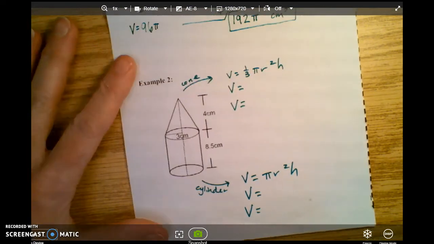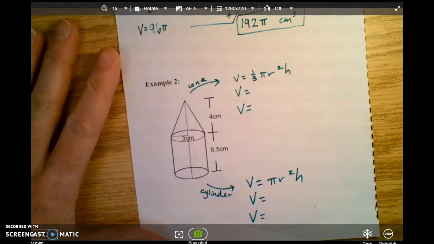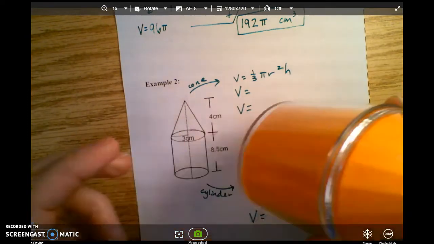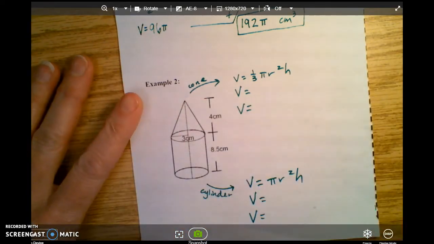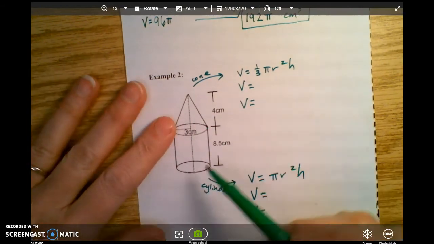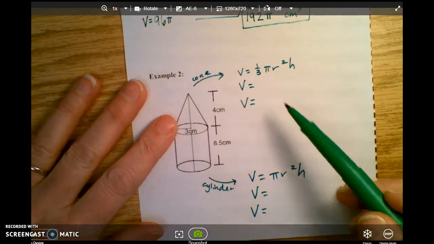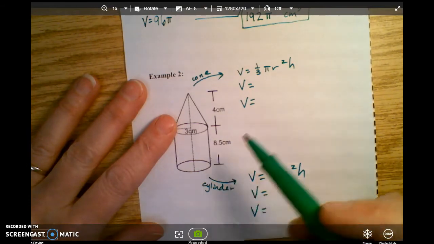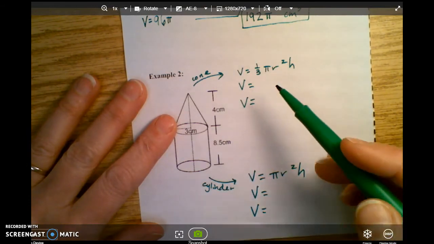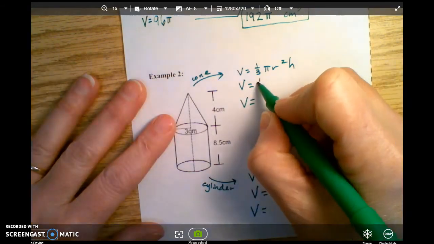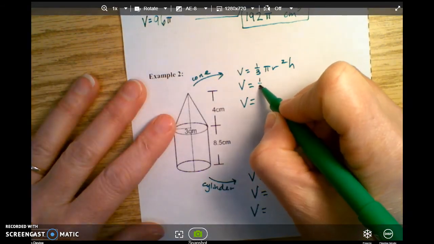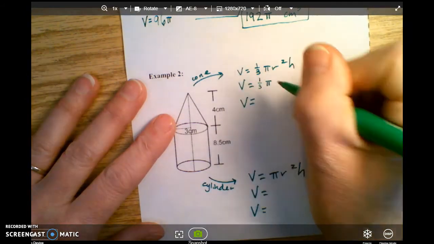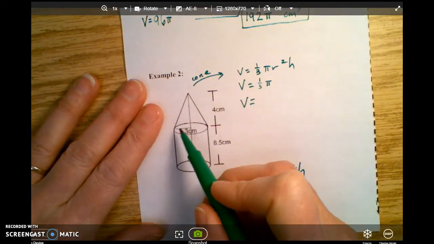So, for example 2, this is like I showed you before. If you have a cylinder and you glue that cone to the top of it, you can form this shape. And this shape has definitely a cone and definitely a cylinder. So what you will do is be prepared to use the cylinder formula for this shape down here, and to use the cone formula for the shape. If you look carefully, we can tell that the height of the cone is 4 centimeters, as shown out here, and that the radius is 3 centimeters.